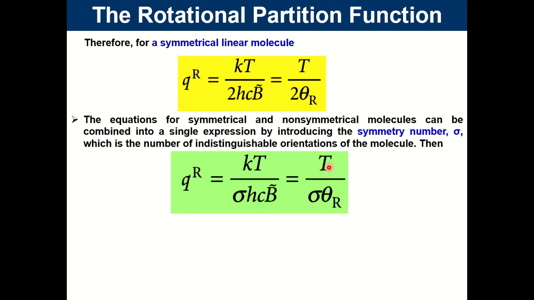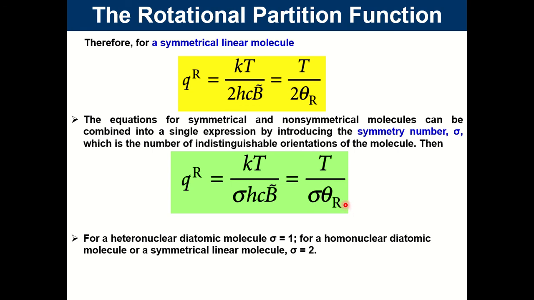So in that case we can simplify and write the modified equation by introducing this term sigma, the symmetry number: T by sigma theta r. The value of sigma for a heteronuclear diatomic molecule is equal to 1.